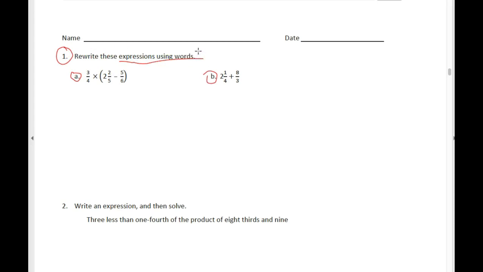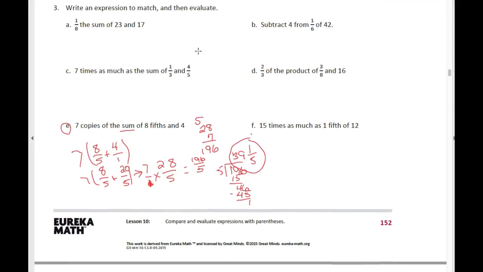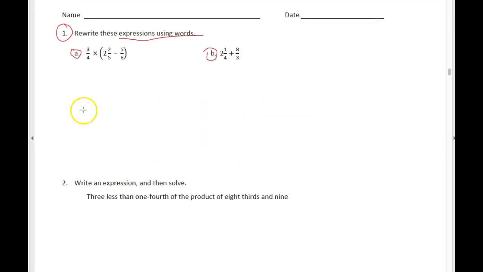So do you remember those ones down there that gave you the words? These ones, it would say 7 times as much as the sum of 1/3 and 4/5. 2/3 of the product means that you're multiplying these two. So use these as examples. What you're doing is you're turning these into those sentences. Okay? It's a challenge. See you tomorrow.